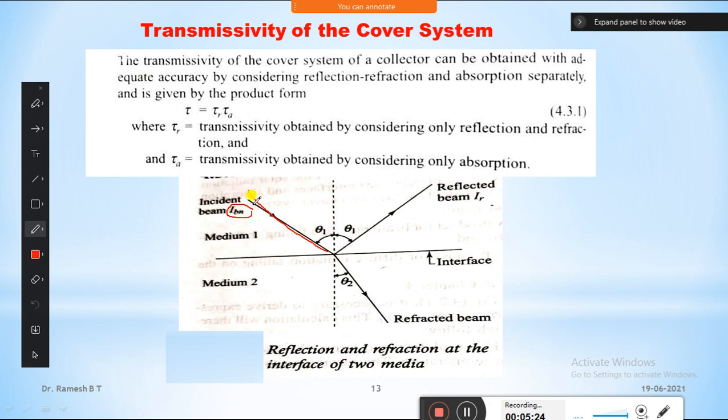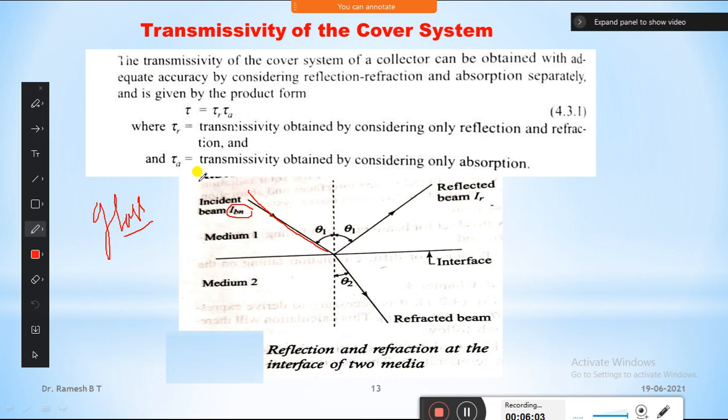IBN is the intensity of light traveling through media 1, which should be transparent because it must allow radiation to pass through.